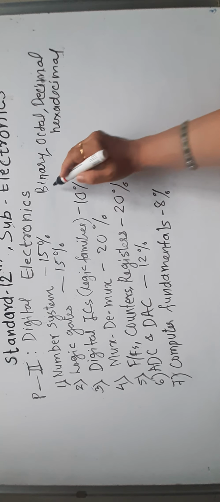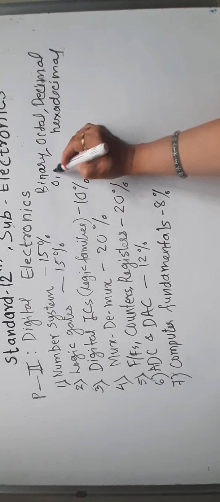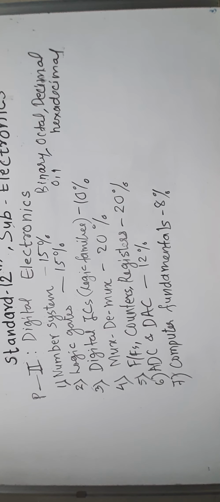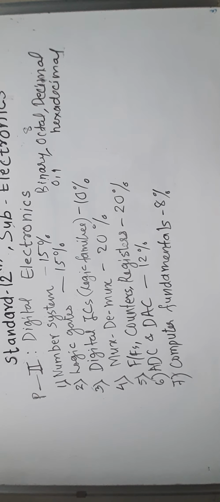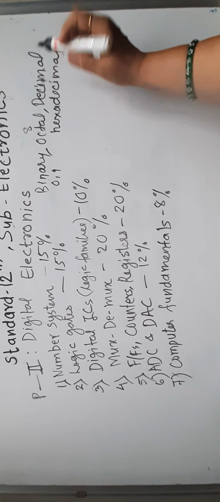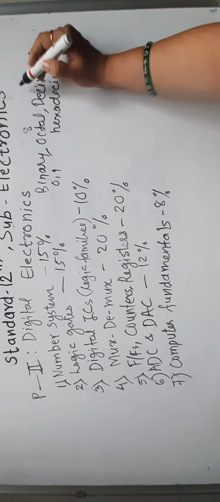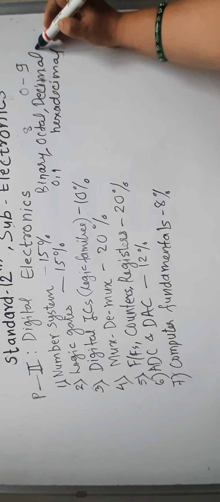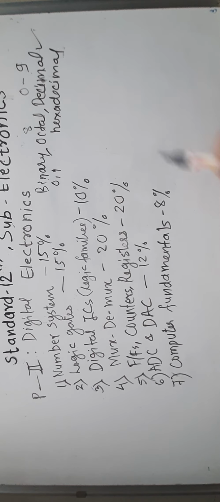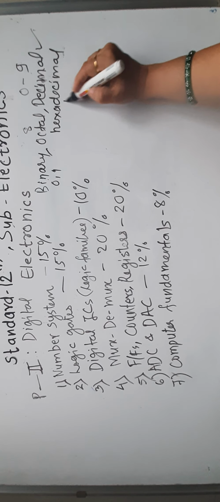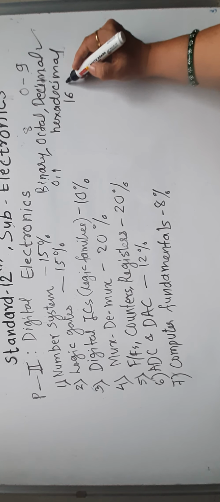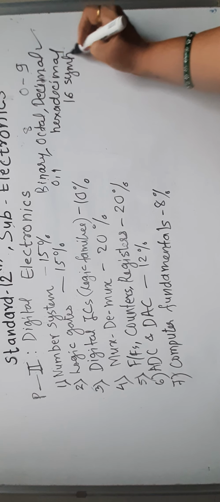Binary includes only 2 types of signals, 0 and 1, which is used in digital electronics. Second one is octal. In octal 8 symbols are used. In decimal 10 symbols are used, 0 to 9, which we use in our day to day life. That is the decimal number system. And the fourth one is the hexadecimal number system, which is used for memory mapping, and it has a total of 16 symbols.